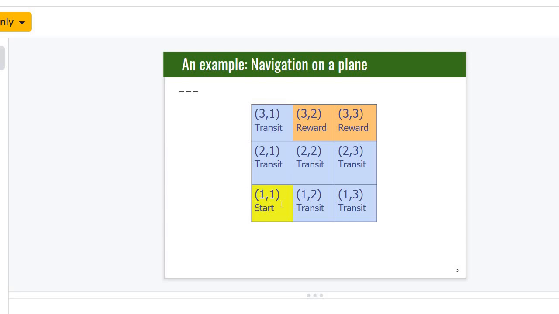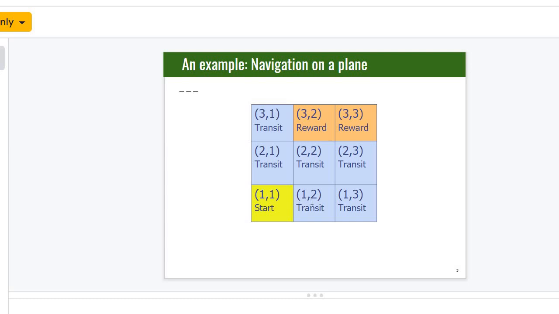I expect that you know the graph very well. Just think in your mind that this is the x-axis, this is the y-axis, and these are the points 1, 2, 3, and this is the first state from where the robot has started.